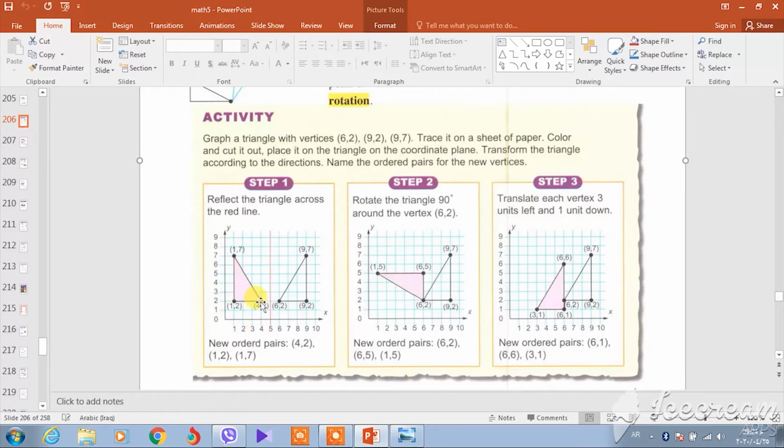After that we have (1, 2): in the x-axis we have 1, in the y-axis we have 2. So this also makes a straight line, sorry. After that we have (1, 7): in the x-axis we have 1, in the y-axis we have 7.